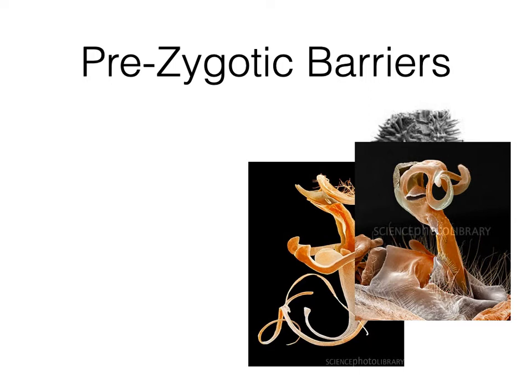What do you think these are? Now these are scanning electron microscope photos, so they're very small. What are these things? If you guess that they are all pictures of different damselfly penises, then you get a gold star for the week.